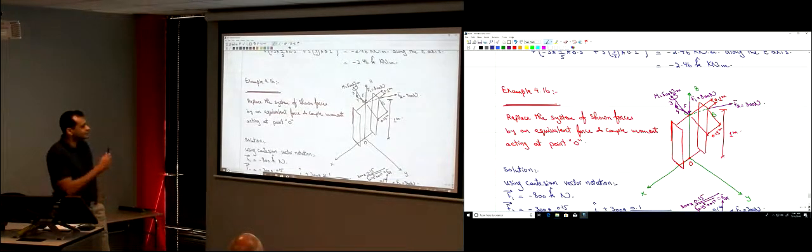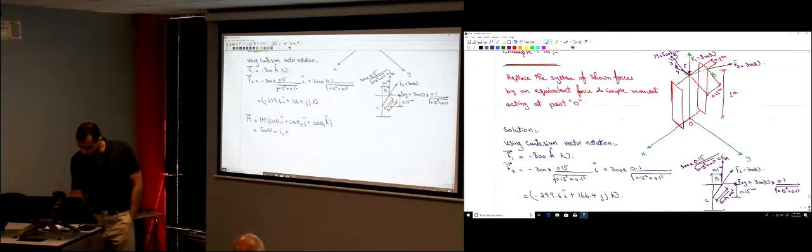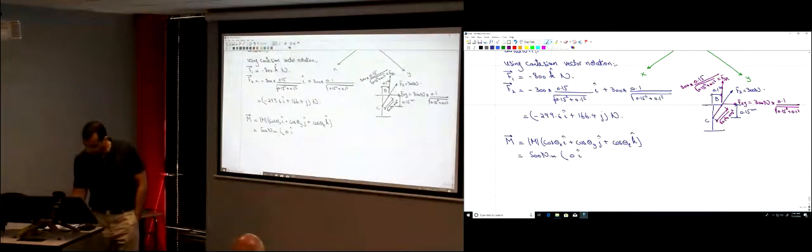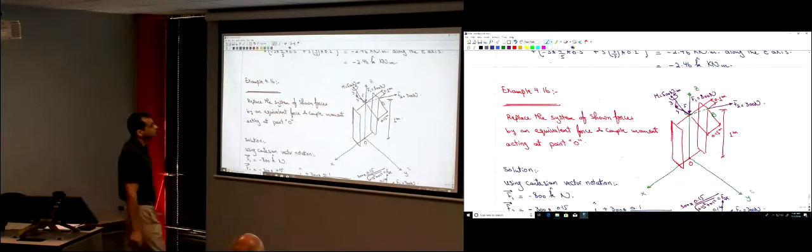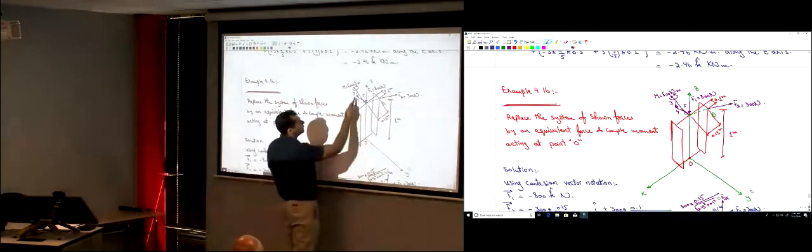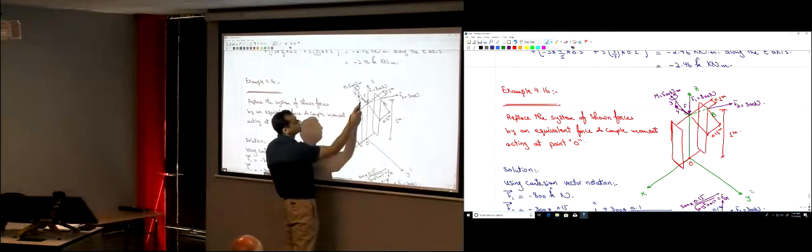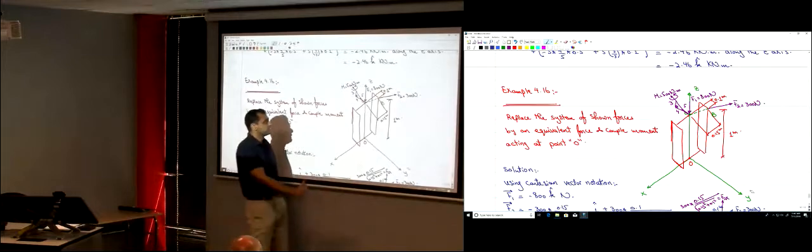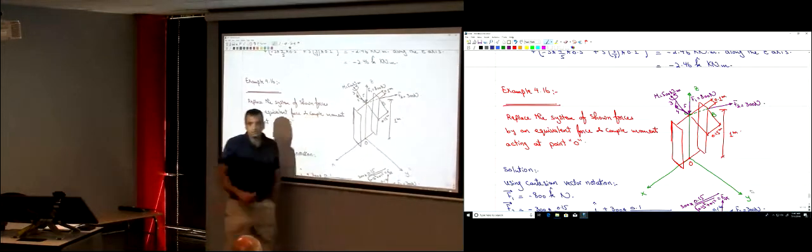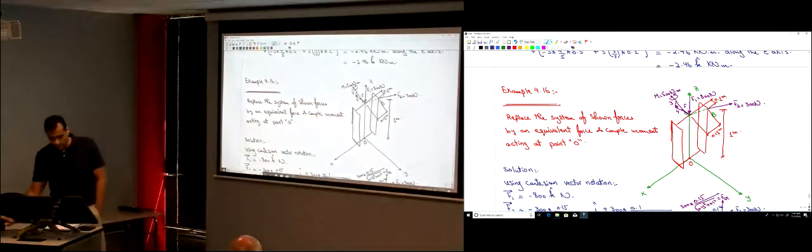The direction. It's in the ZY plane. So the x component is 0, right? So 0 i. How much is the component in the y? Four divided by 5. Okay? But it's negative. Okay? So negative 4 over 5.